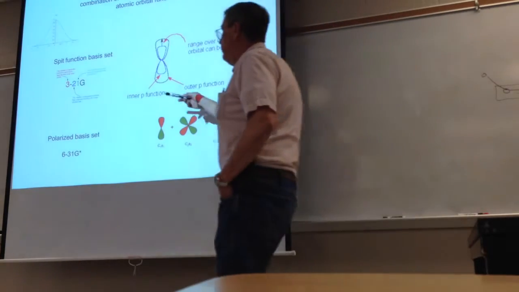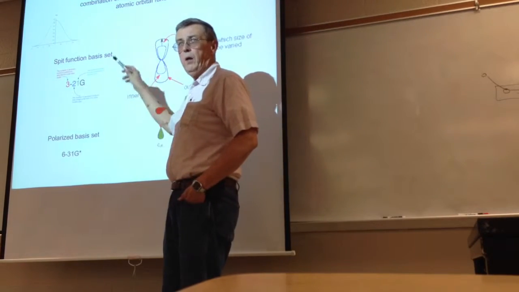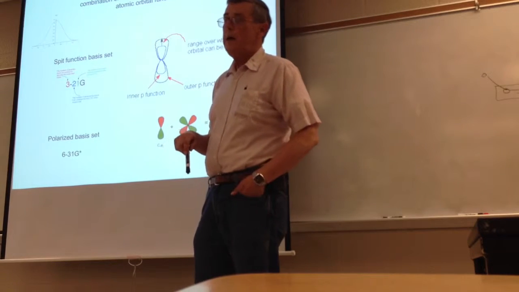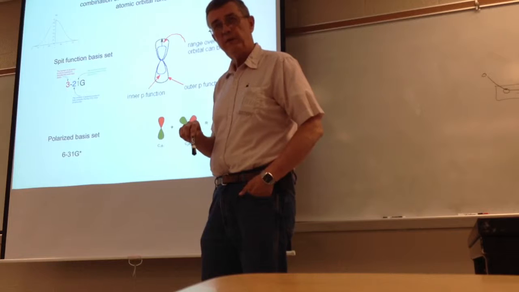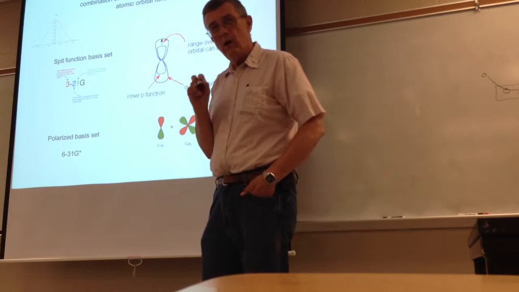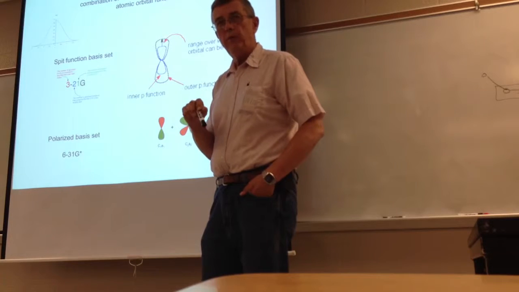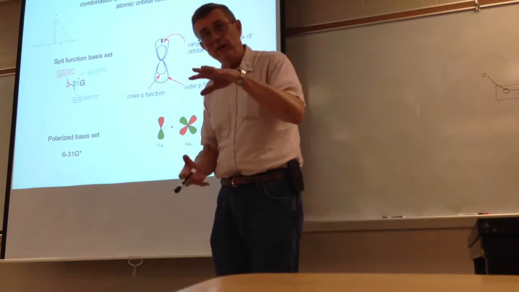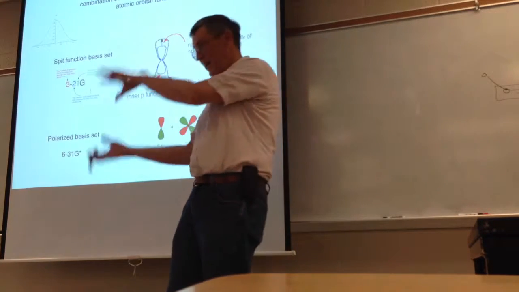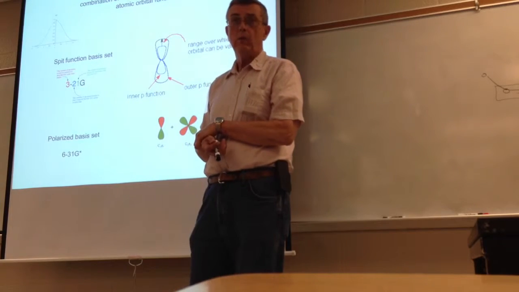These are getting more and more sophisticated, longer calculations, but more and more sophisticated to predict the way the orbitals actually look on an atom of a particular type in a molecule. And then once I've got those atomic orbitals, then I put them together to make molecular orbitals.